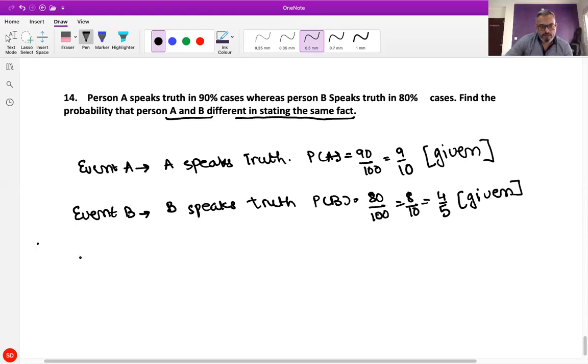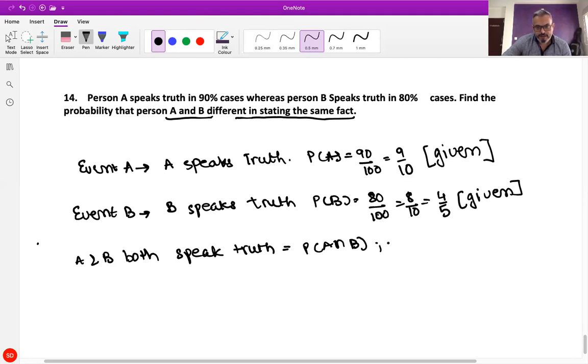Now, A and B both speak truth is equal to probability of A intersection B. A and B are independent events.